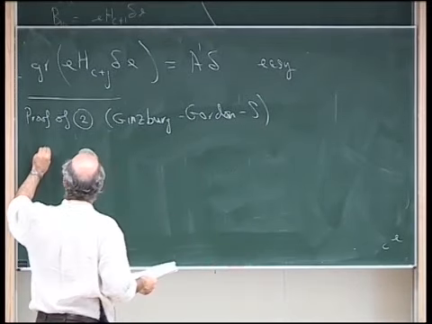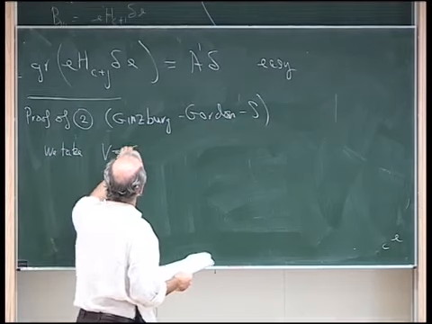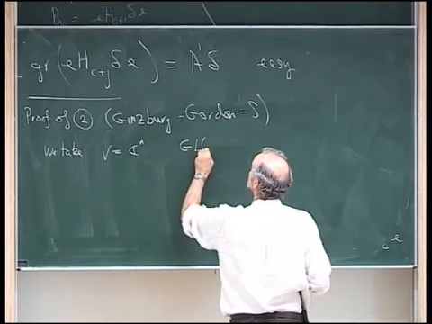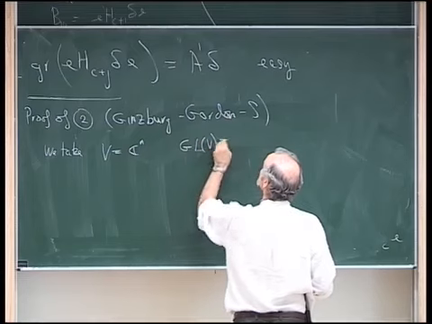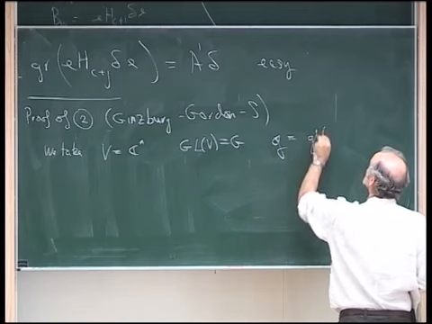So we're taking V to be C^n, on which GL_n acts. And we have the Lie algebra gl_n.